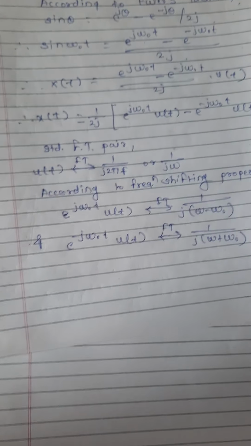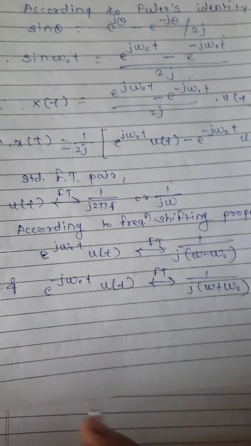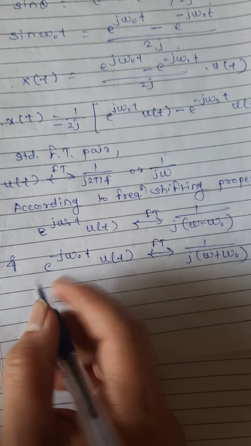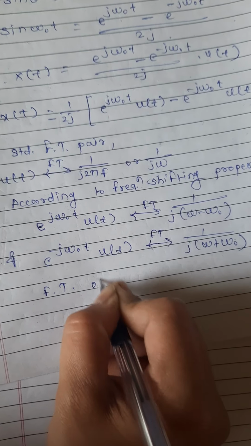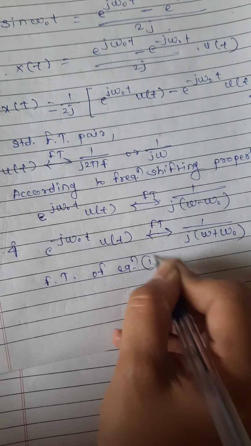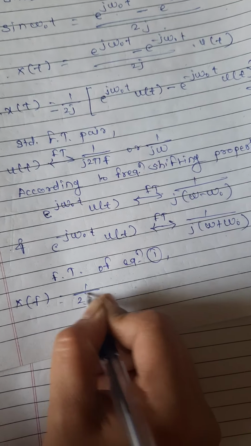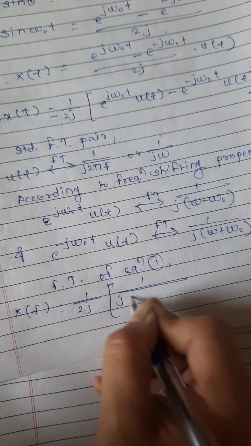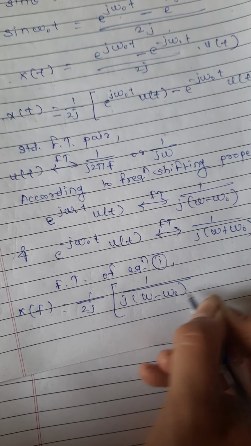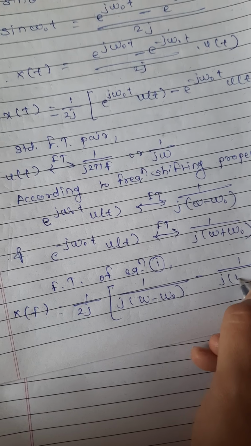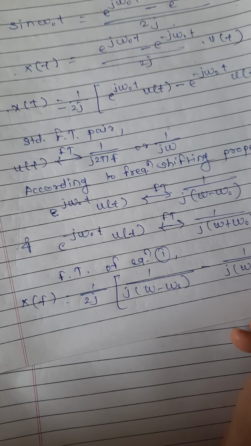So these are the standard functions. So the Fourier transform of equation 1 becomes X of f is equal to 1 by 2j, 1 by j into omega minus omega 0 minus 1 by j into omega plus omega 0.